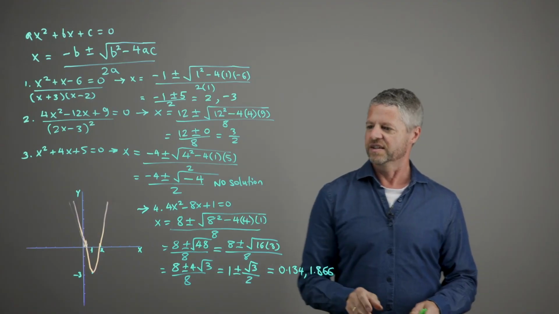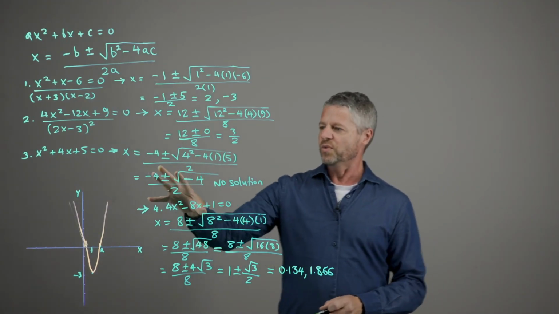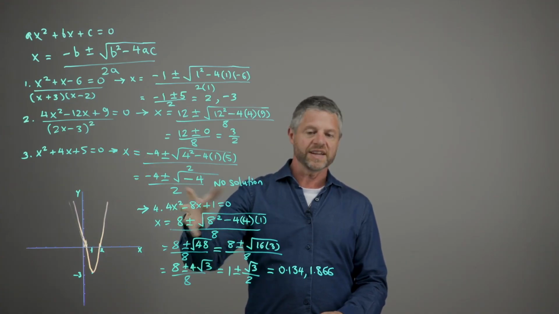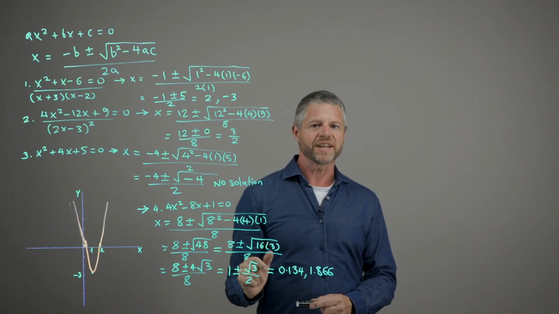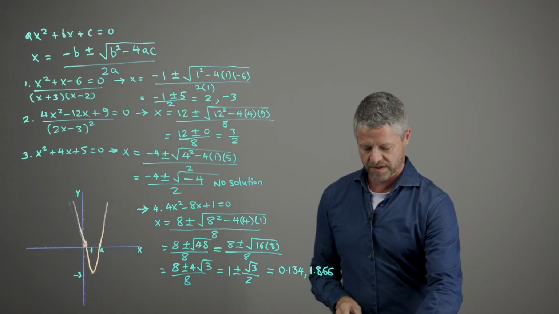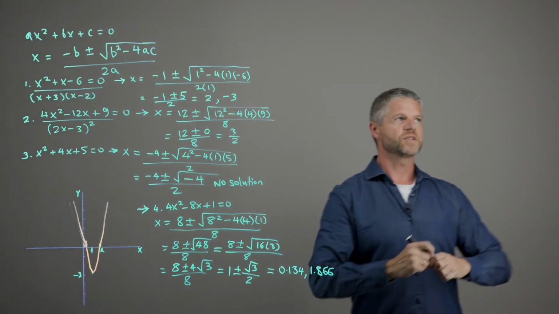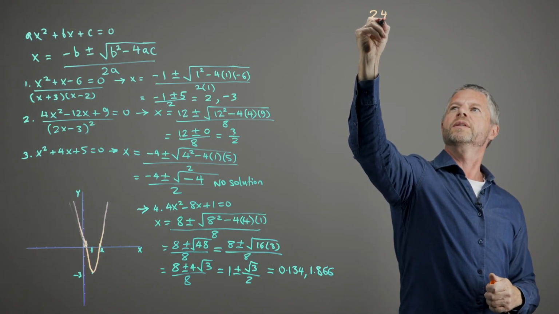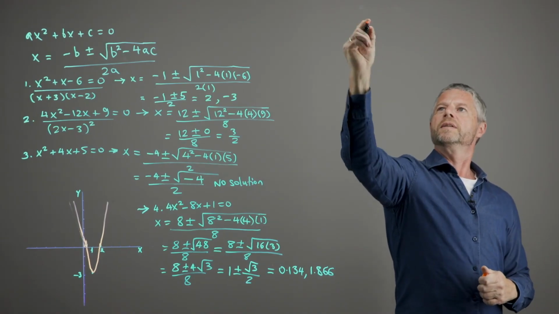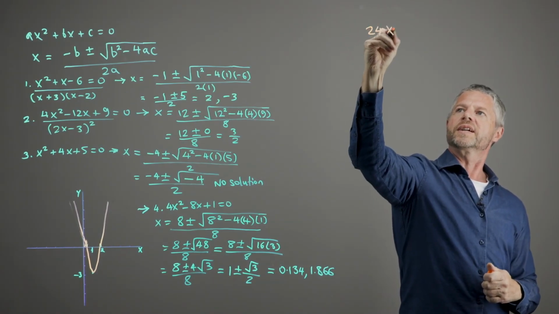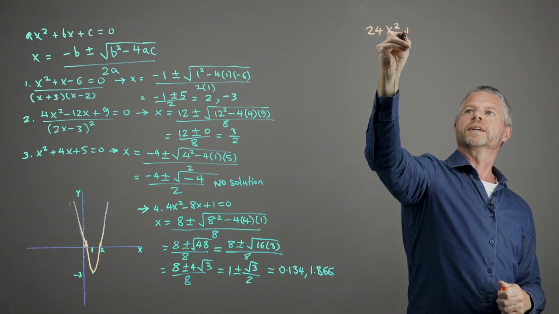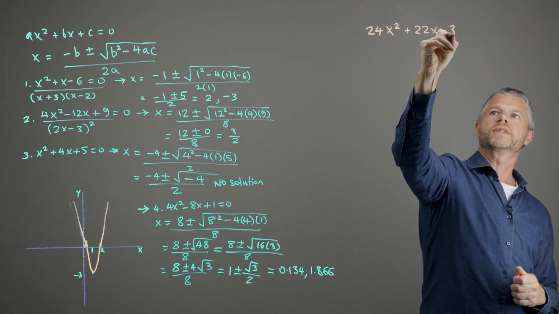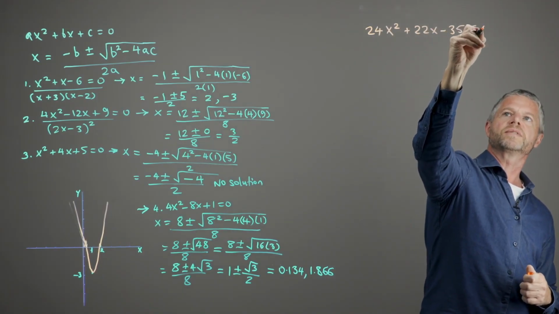So let's do another example where either factoring is not possible or it's just really challenging. So let's do this example. 24x squared plus 22x minus 35 equals 0.